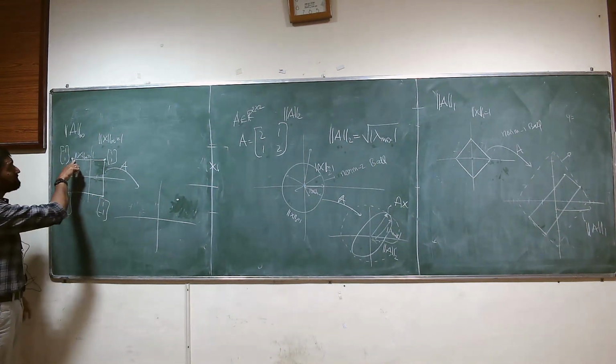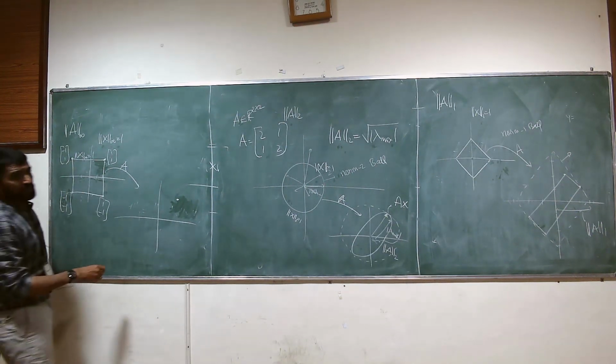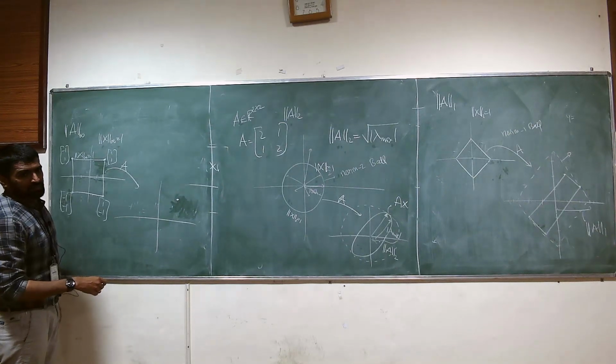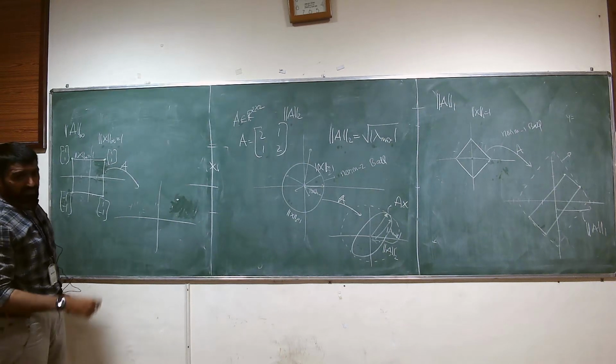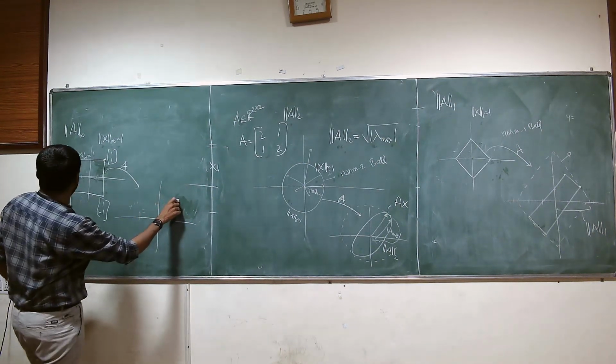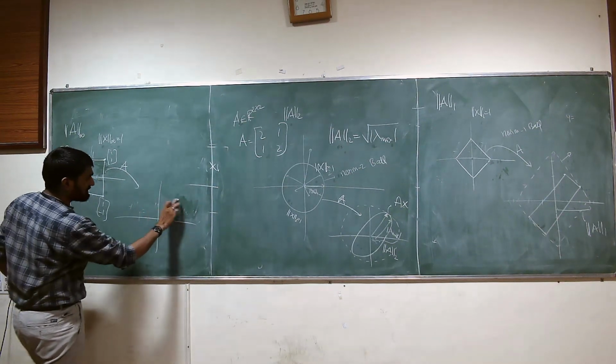Well, just multiply and tell me. So it will be minus 2, minus 1 plus 1, right? Oh, it will get mapped to itself. Okay, so what is this? This is 3.